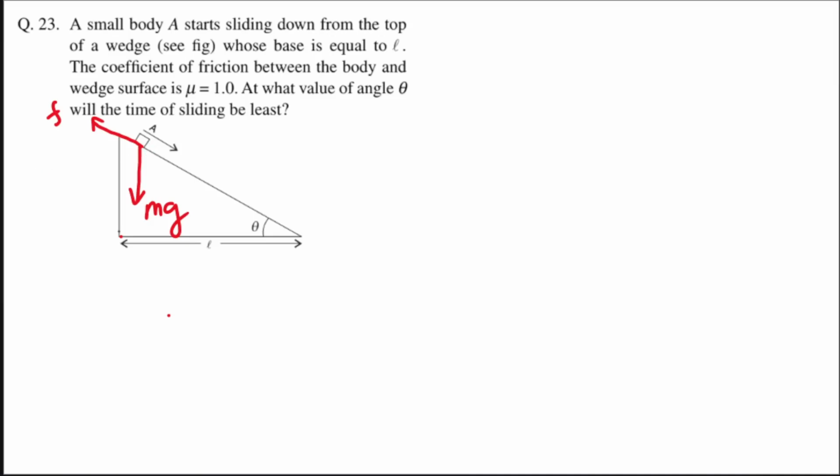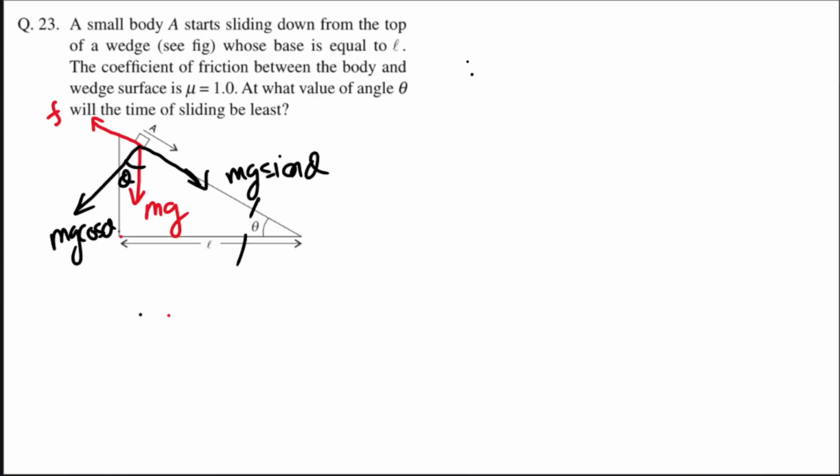This mg will have two components, one perpendicular to the plane, that is mg cos theta, because this angle will be theta. If the angle between two lines is theta, the angle between their perpendiculars will also be theta. And the other component in this direction is mg sin theta.